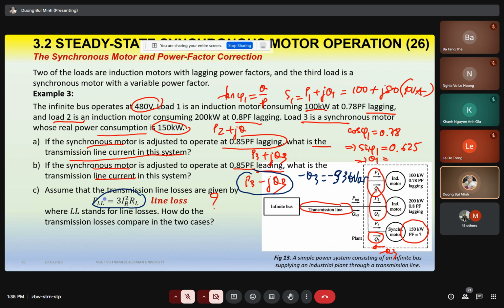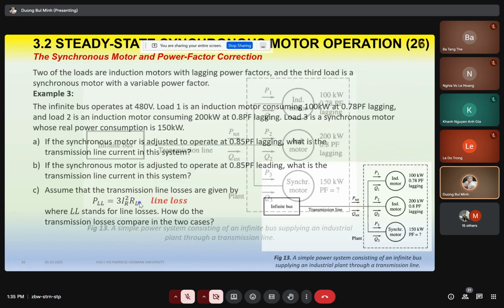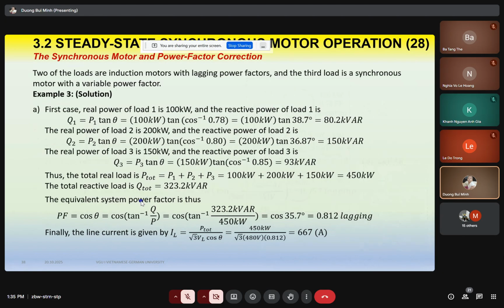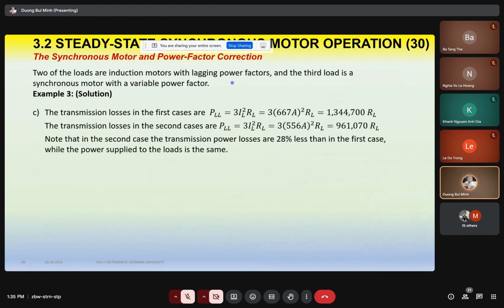So delta PL is 3 IL squared times RL. Do you know RL? Let me see. We don't have RL, but you can compare.